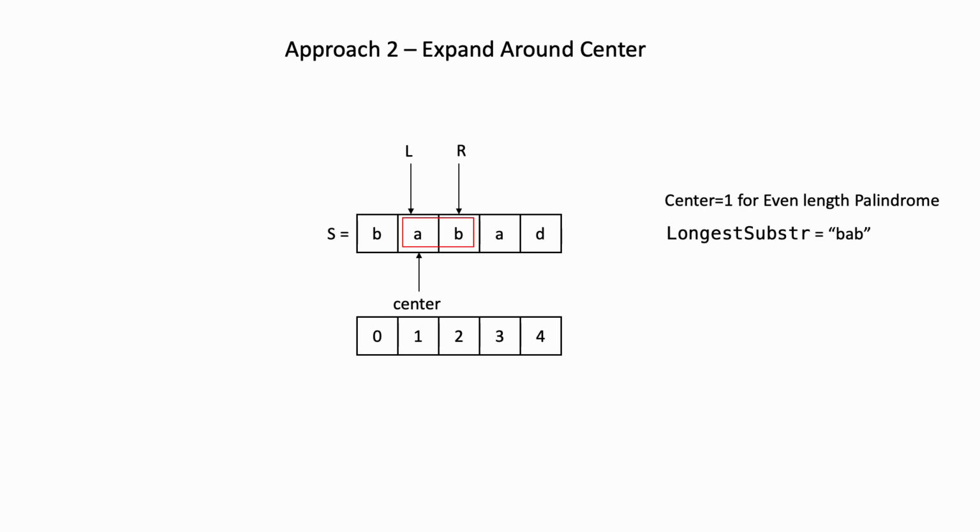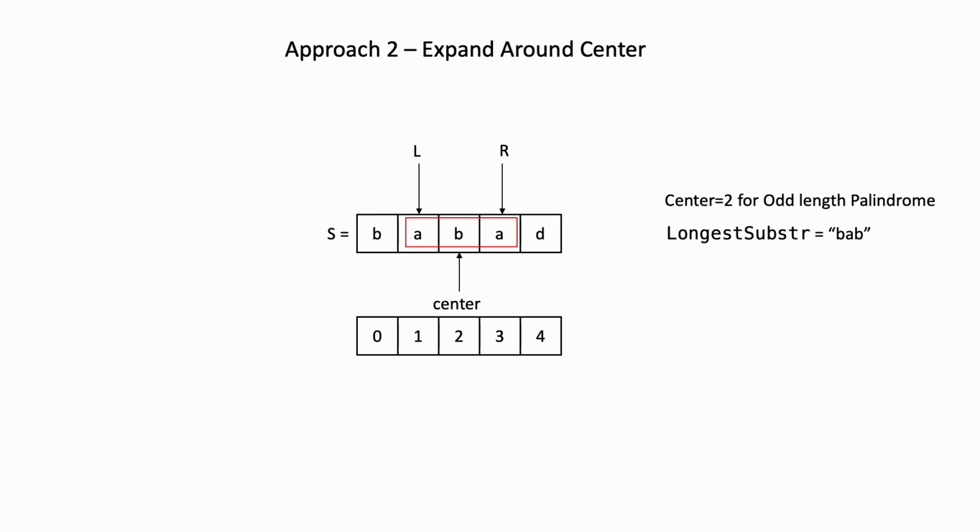For the same center equal to 1, we will check the even length palindromic substring. Because the current substring AB is not a palindrome, we ignore the current substring. We increment the center to pick index 2 as the center. We expand the left and the right pointer. After expanding the pointers, the new substring is ABA.